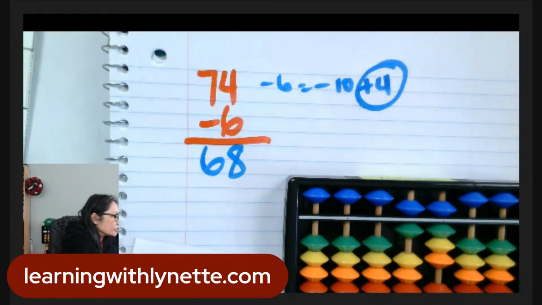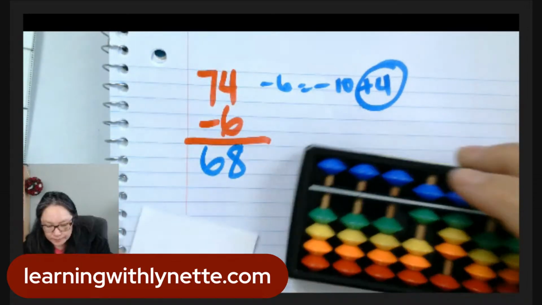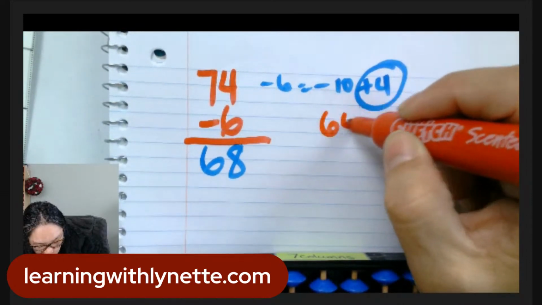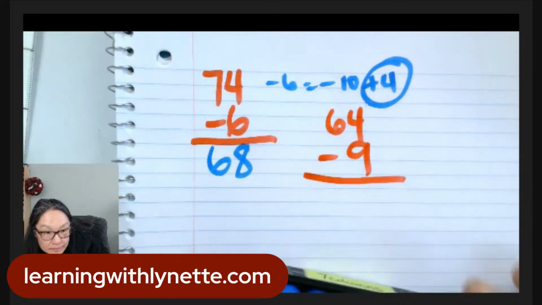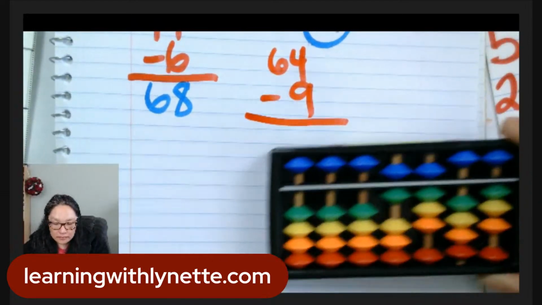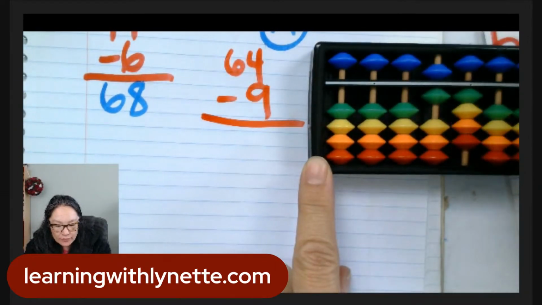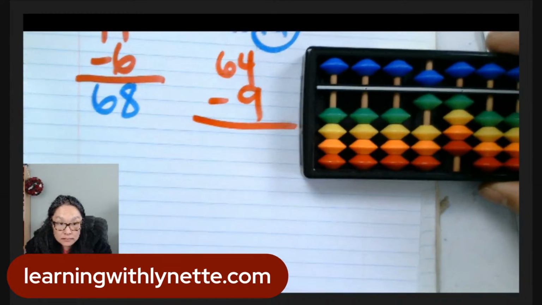Let's do 64 minus 9. So we had 64 on the abacus. 64. Right?